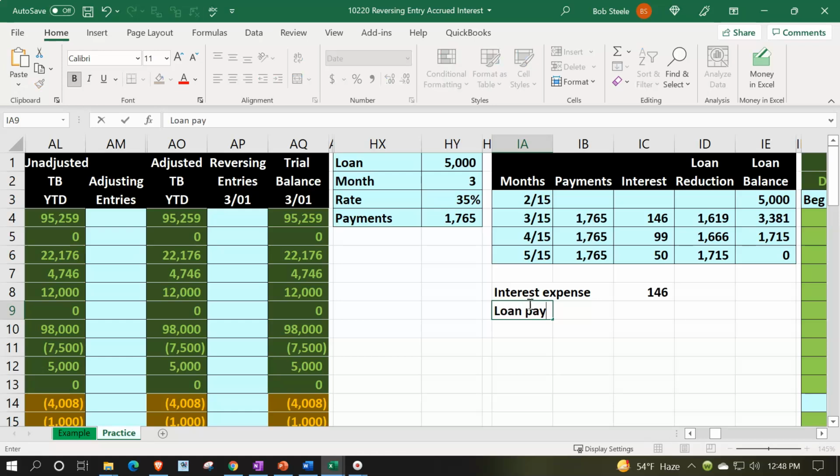So loan payable would go down by the amount of about 1619, and then the cash would be going out for the negative sum of this amount. That would be the payment. So that would be the normal journal entry.